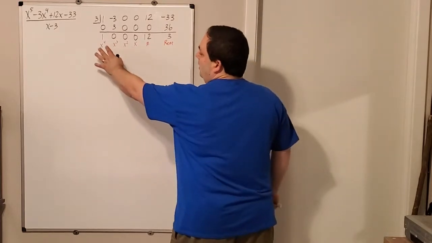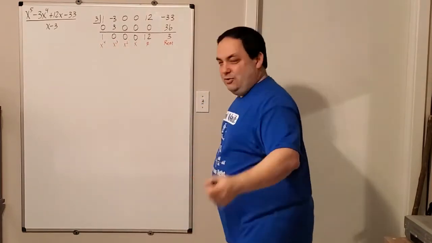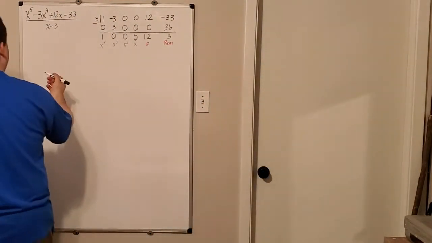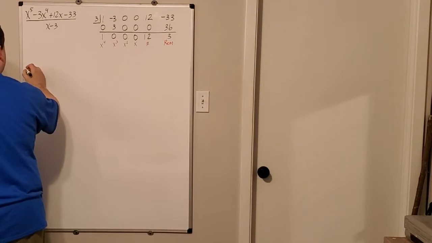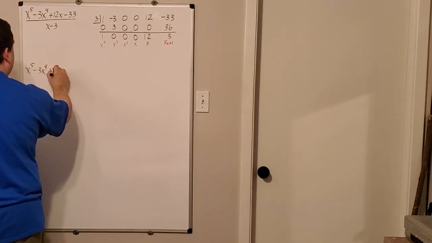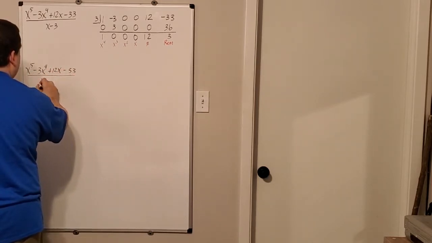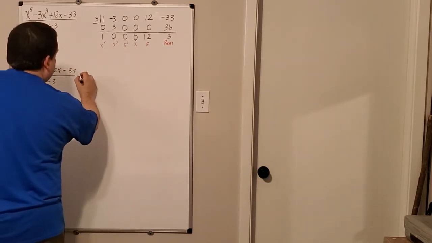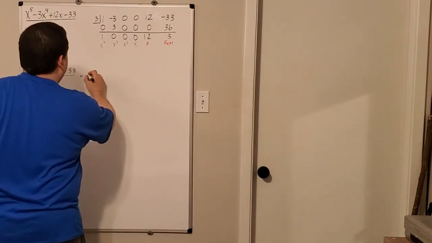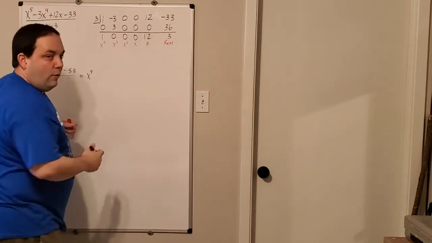Okay, so now that I have it organized, let's write out what the answer is. The division answer here: x to the 5th minus 3x to the 4 plus 12x minus 33 divided by x minus 3 is equal to 1x to the 4th plus 0x cubed. I'm not going to write that.